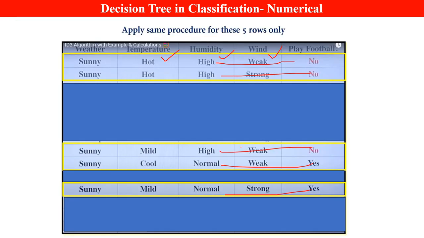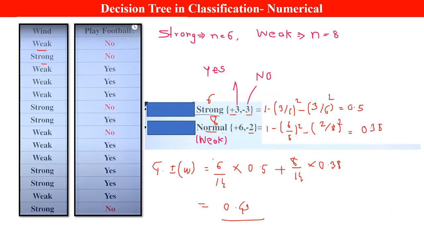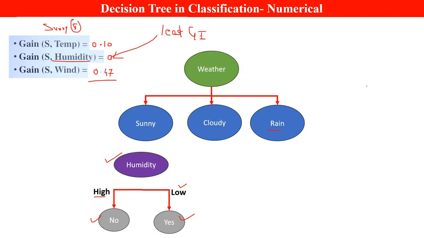But we have not done that in the Gini. In Gini, we have only calculated the weighted average multiplied by its Gini index. So we are not subtracting anything while calculating the Gini index. And we have solved the same problem, and we got the same answer using the Gini index also.